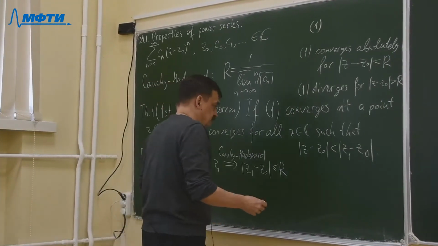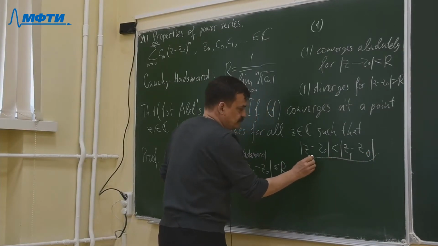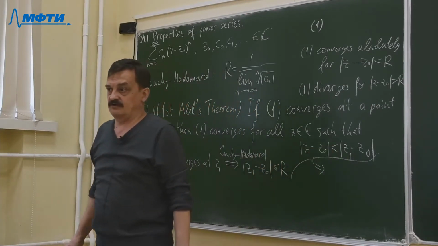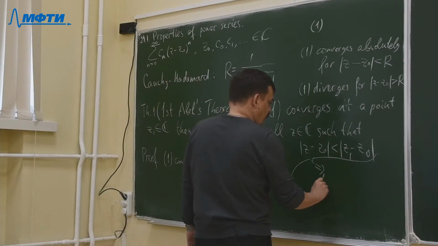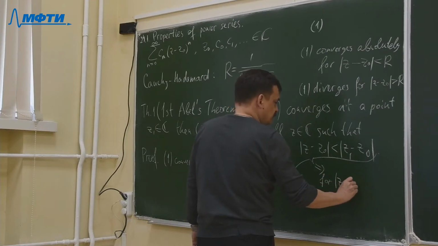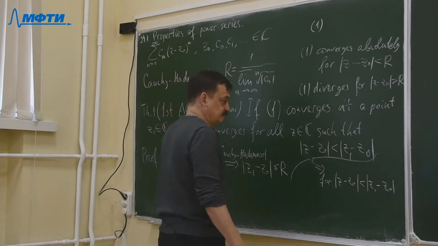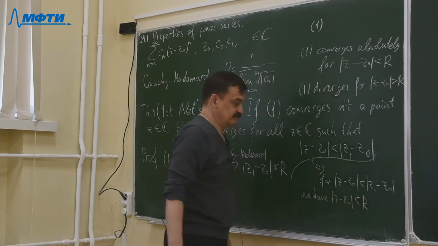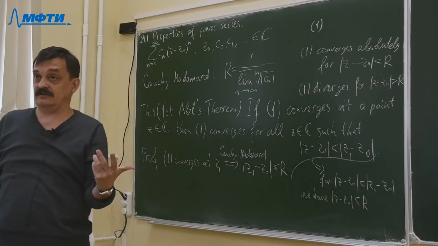But then, look, from those two inequalities together, the inequality from our theorem and that one, we deduce that for |z minus z0| less than |z1 minus z0|, we have modulus of z minus z0 less than R, because |z1 minus z0| is less or equal than capital R, right?